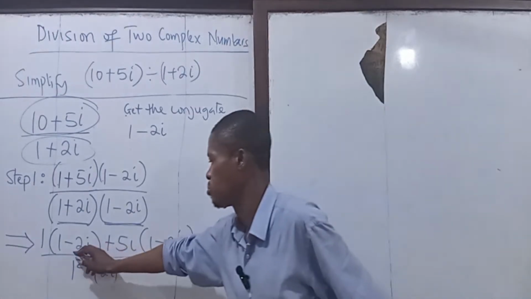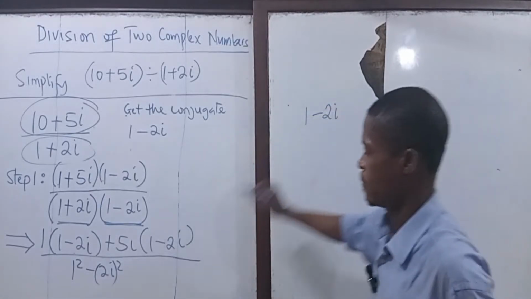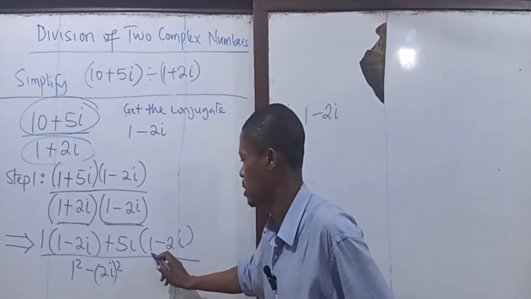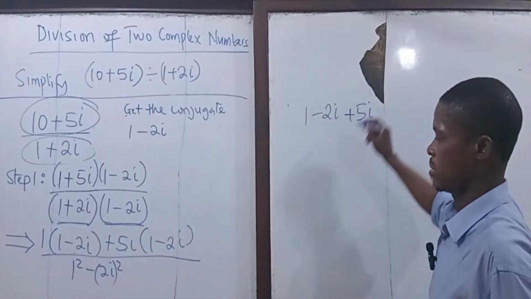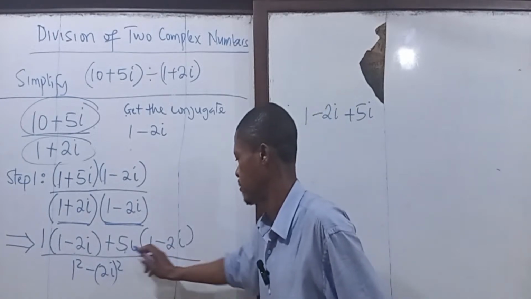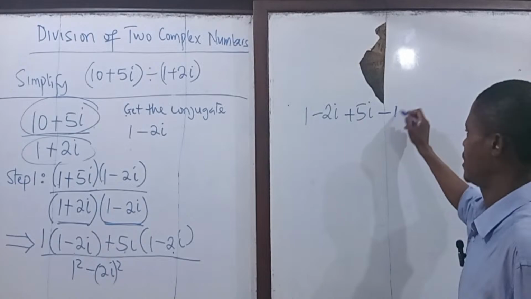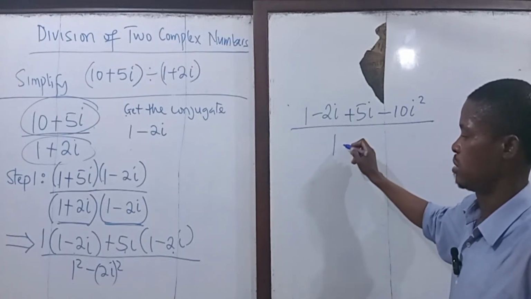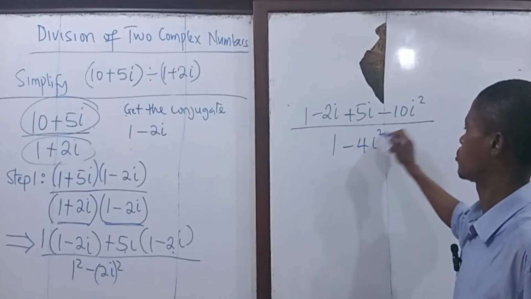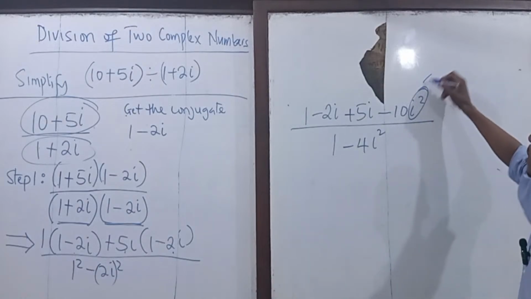If you open these brackets, that'll be 1 minus 2i, 5i times 1, that's a plus 5i, and then plus 5i times minus 2i, that's a minus 10i squared, over 1 minus 4i squared.